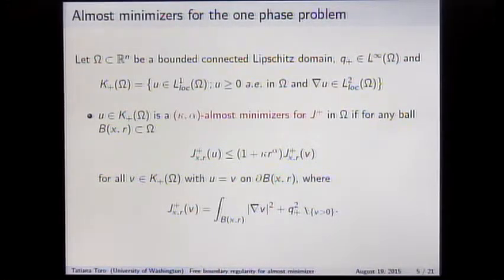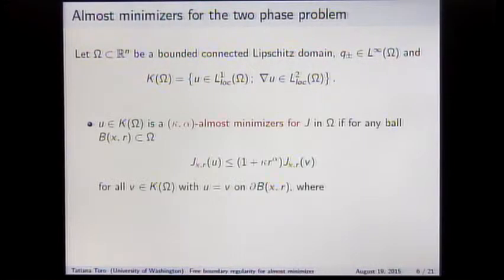So these are the one-phase almost minimizers, and we define the two-phase almost minimizers in a very similar way. Here we have the same thing, but now we consider the full function.